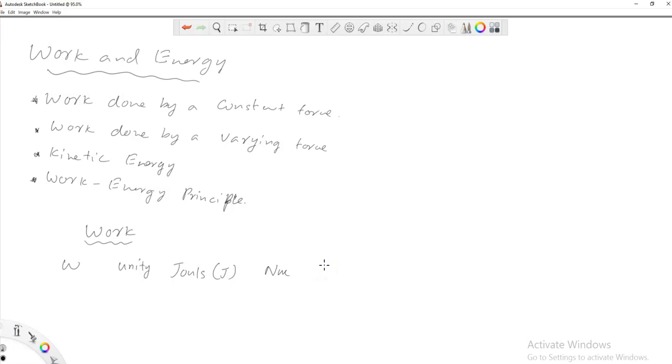Now what is work, or how do you measure work? When you apply a force on something, some object, and if this force is able to move that object in the direction of the force, then we say that this force is doing work.